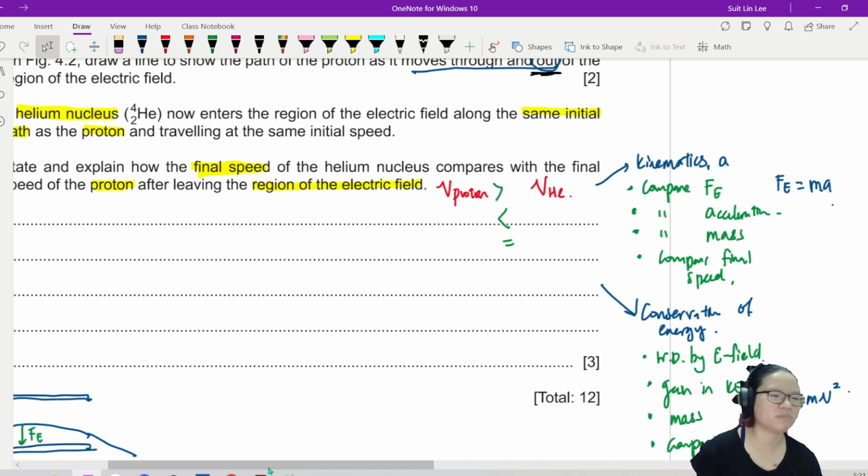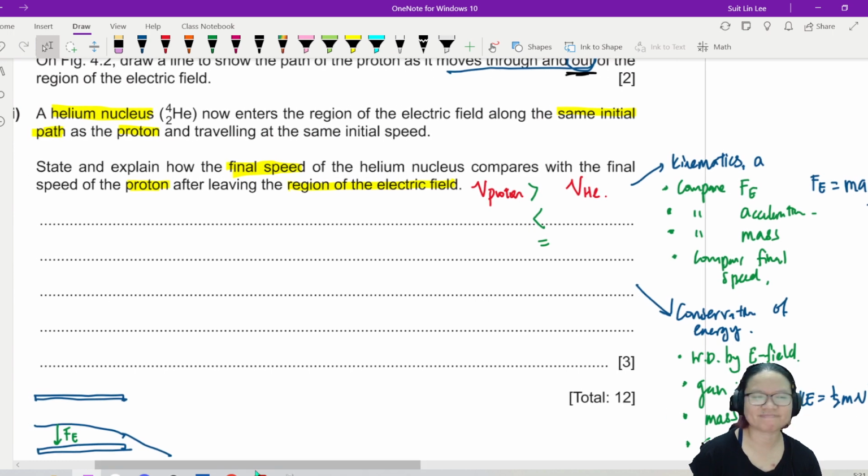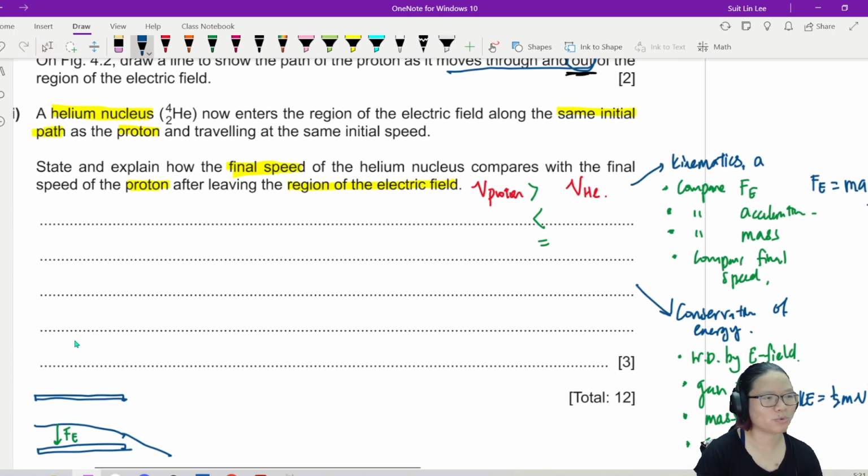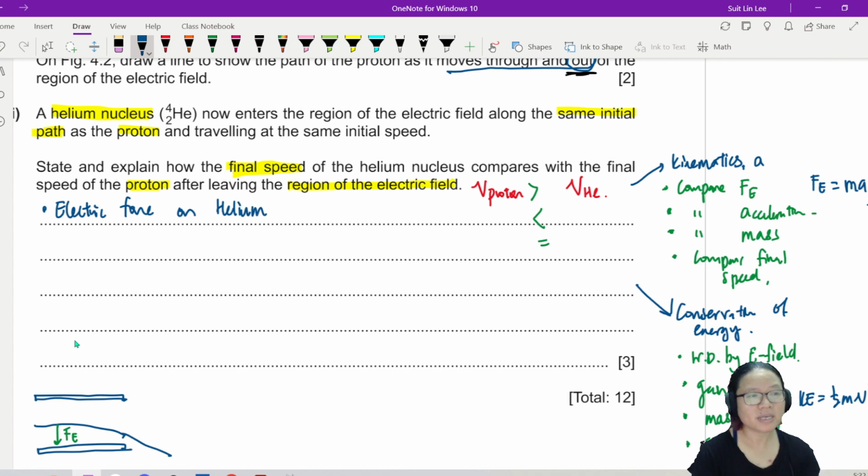The first one feels a bit more simple. Think about that. So number one, I will say that the electric force on the helium nucleus is greater, because helium has a charge of 2 plus and proton has a charge of 1 plus.